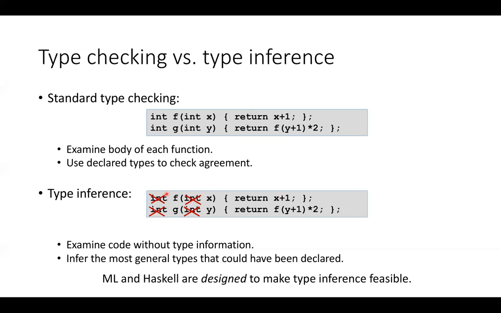So, for example, here we would probably infer just a general number type for these two lines of code. Like if this is Julia, for instance, you might infer any, right? X could be any, and then the return value would be any, and that'd be great. You're right that it's the most specific.